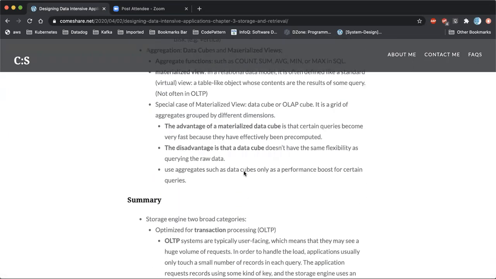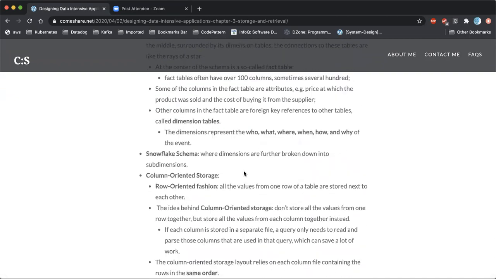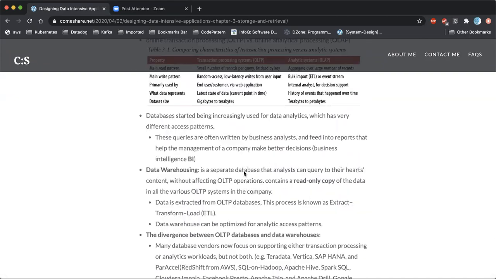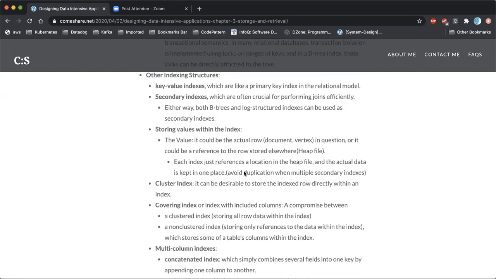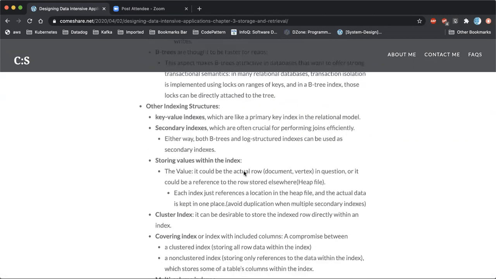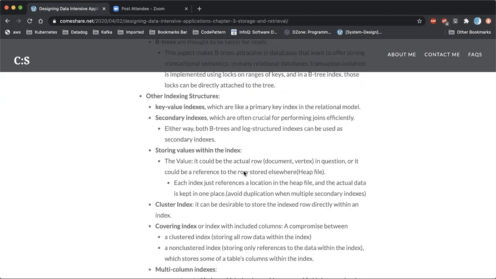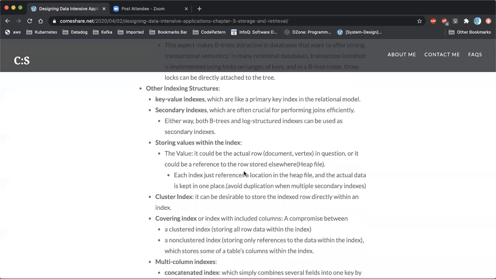So the target for today is the other indexes, other index structures. We went through the B trees last time. I think here he talked about different kinds of indexing structures.